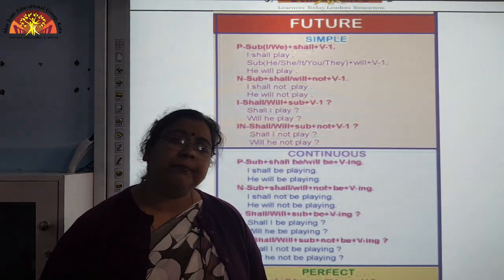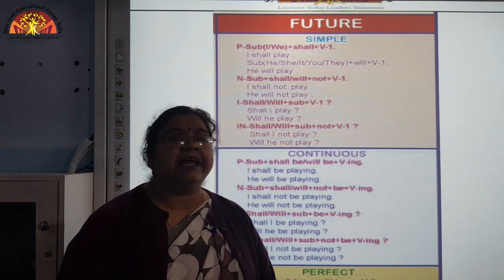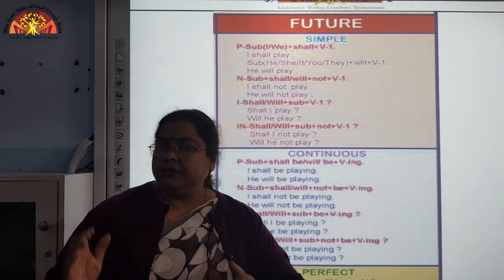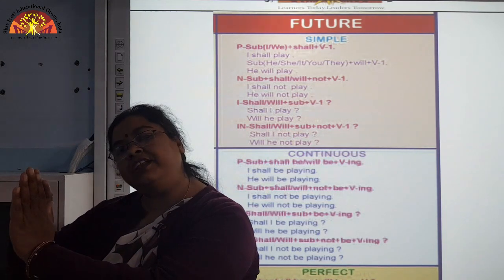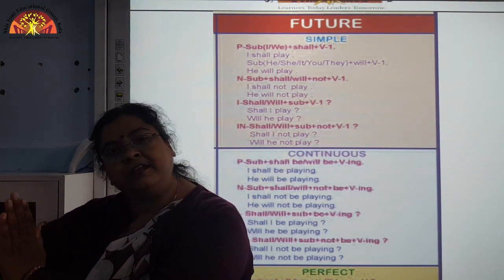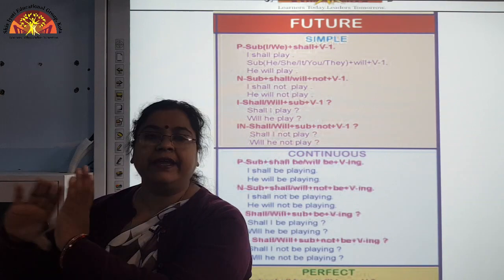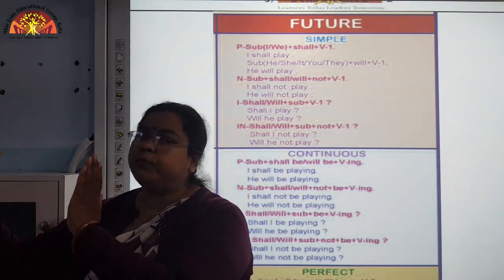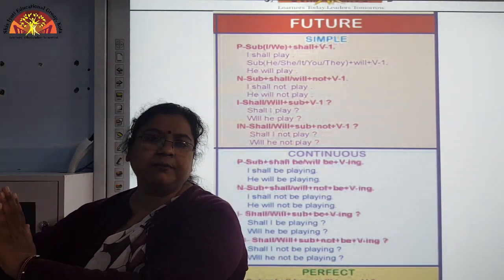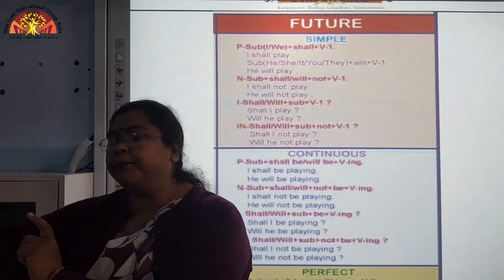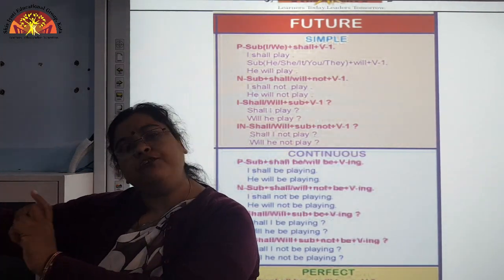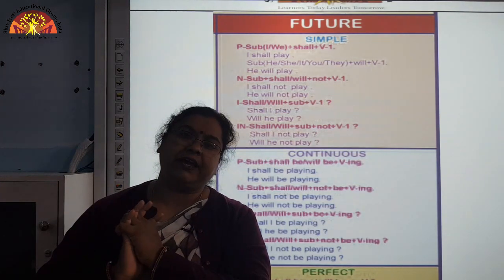So, it is expected that the action will start tomorrow and she will continue to write a letter tomorrow, and she will be writing it for a certain period of time. That action is expected to be in progression, to be continued for some point of time.